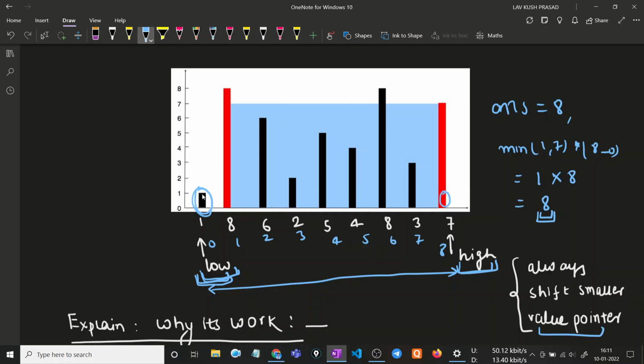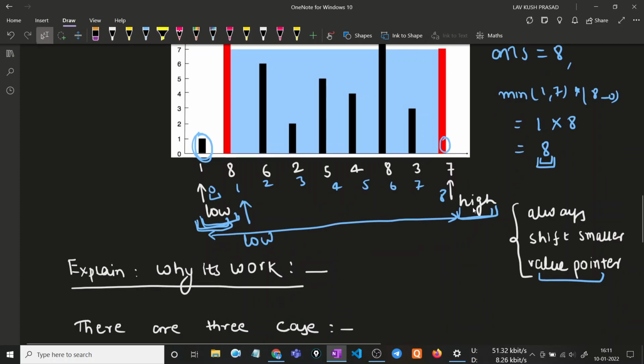Here the value at the low pointer is smaller, so we have to shift the low pointer from index 0 to 1. Why we don't shift the high pointer instead?